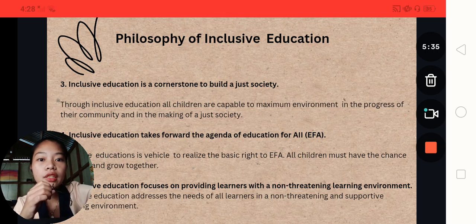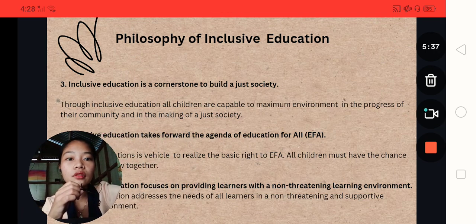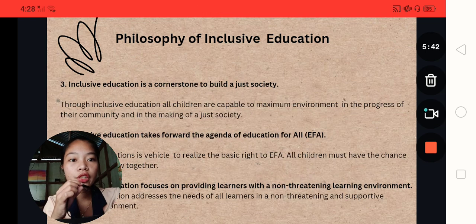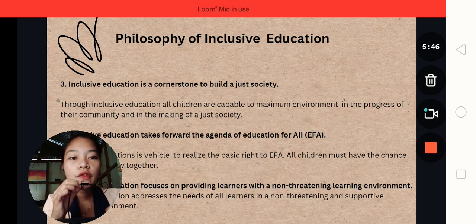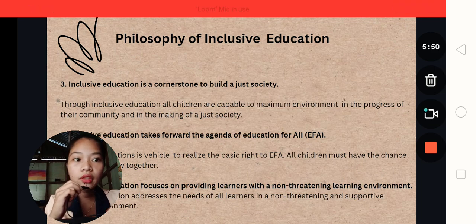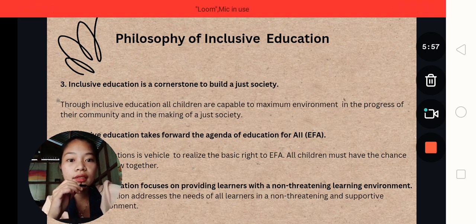Free education is a cornerstone to build a just society. Through inclusive education, all children are capable of contributing to the progress of their community and the making of a just society.